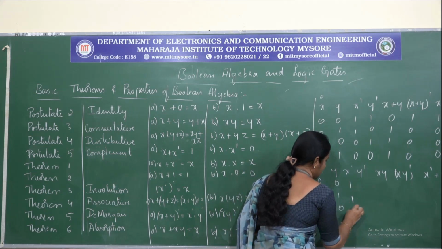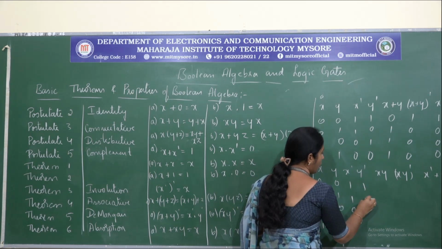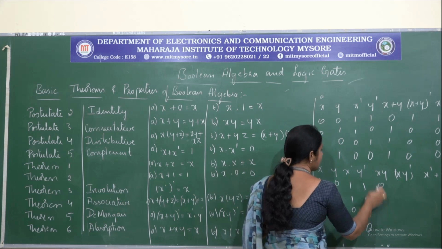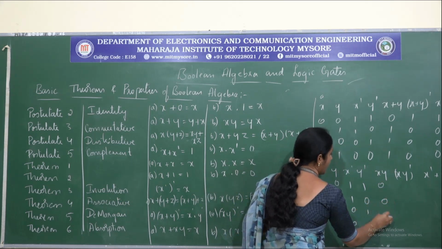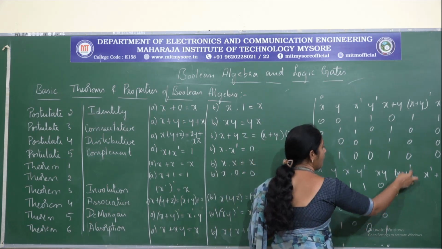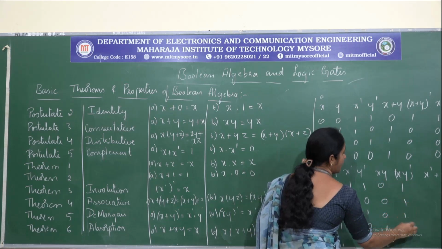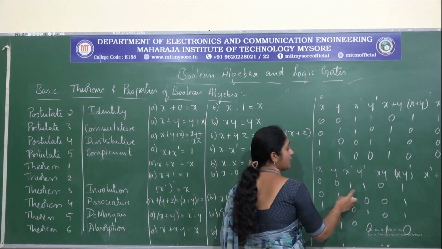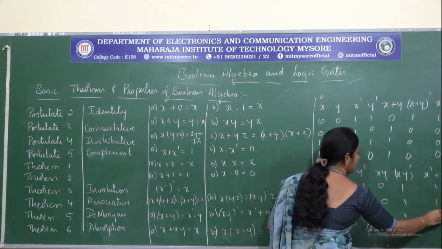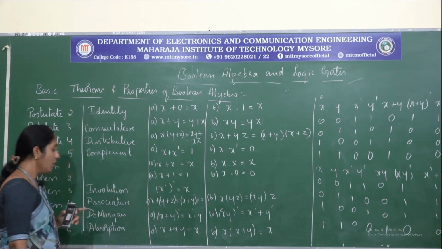Next the complement of x and complement of y. x into y is 0 since it is an AND operation, so we get 0 for all except for the last combination. Next xy dash is the complement of this, so we get 1 1 1 0, and the last one is the OR between these two, which is 1 1 1 0. This is the proof for De Morgan's theorem.